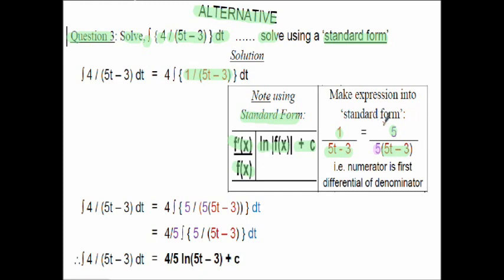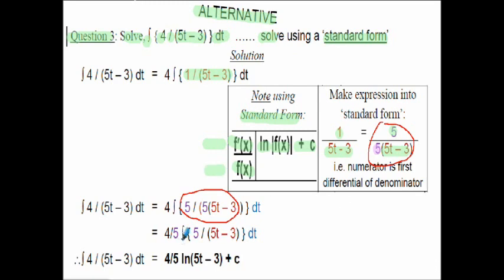So what I'm going to do now is place this expression that we've derived here into the original question given, shown here. So now I have the form that the numerator is the first differential of the denominator. By multiplying the top and the bottom of the expression by 5, I haven't affected the original problem, but what I have done now is made the numerator the first differential of the denominator.